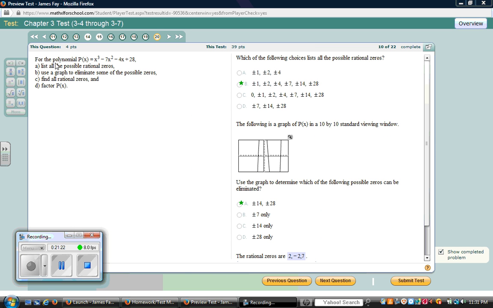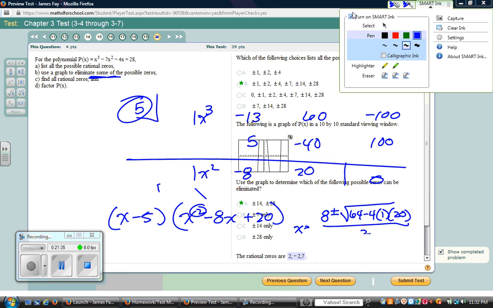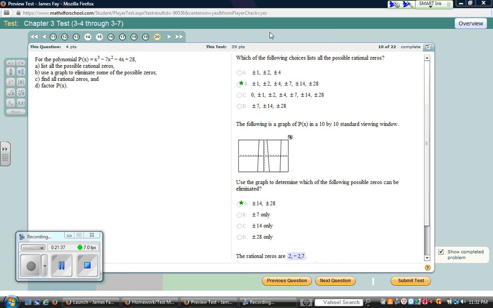Okay, here it says find, list all possible zeros. So you can go factors of p over q. Here are my factors of p: plus or minus 1, 2, 4, 7, 14, and 28.